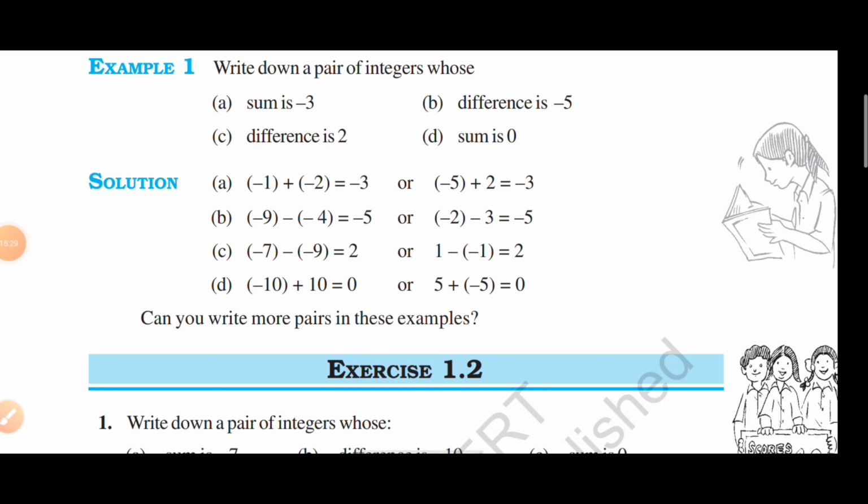Here in this question, it is asked to write down a pair of integers whose difference is -3, whose difference is -5, and this kind of question. There can be multiple answers to this particular question. A few examples are provided by the book.